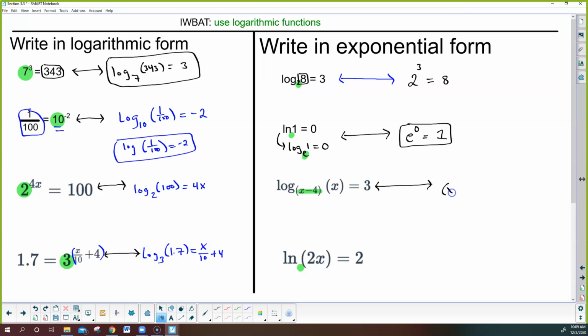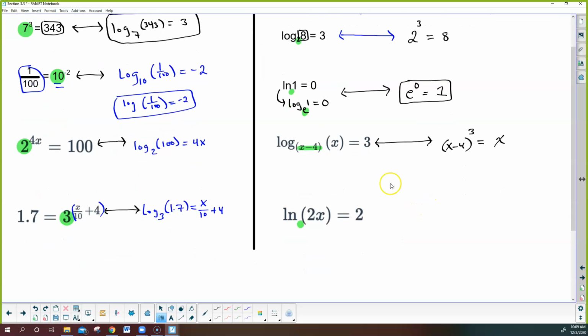We take the base. This time it's actually an expression, a binomial, and we raise it to the third power, and that is equal to x. And we could do some algebra and try to solve, but these get kind of nasty, so we're just looking for changing form right now. And this problem is the same as the second one we did.